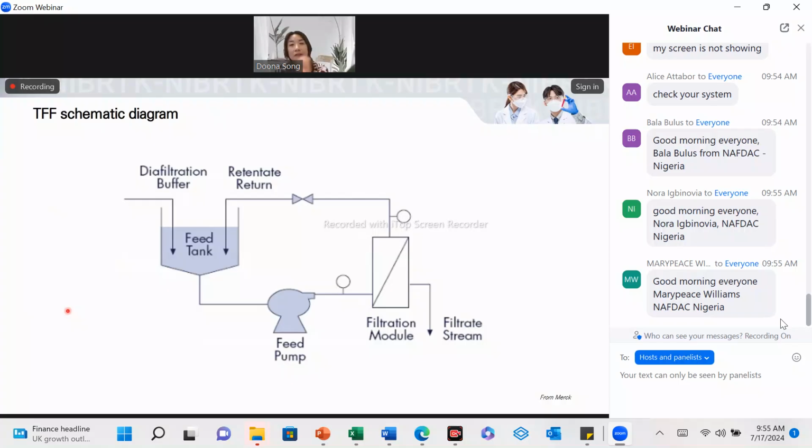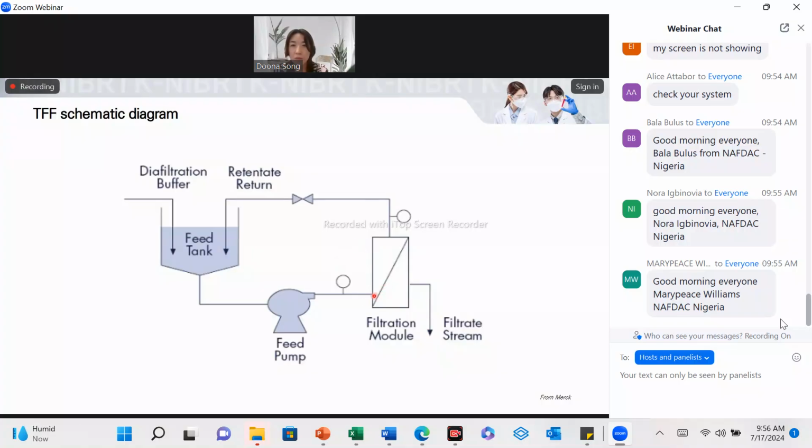So the feed solution is pumped from the feed reservoir through the filtration module, the TFF filter module. As the feed solution flows across the membrane, pressure is applied. Smaller molecules pass through the membrane to the permeate side or filtrate side, and larger molecules are retained.